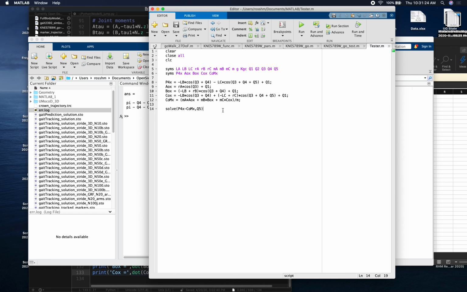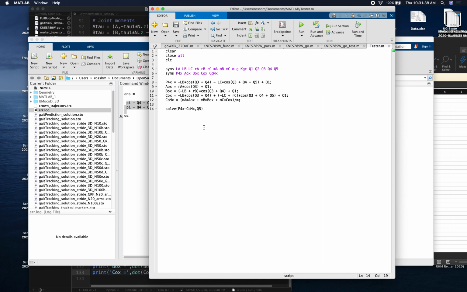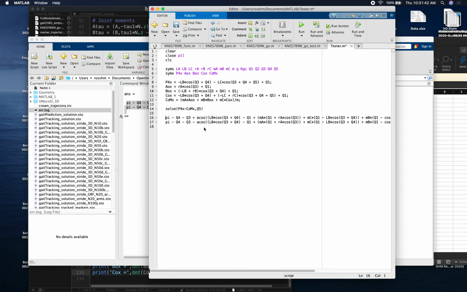For example, cosine pi and cosine negative pi both have a value of negative 1. So that's why it's giving me 2 answers here. So we need to figure out which one of these is the answer that we want. So I'm going to copy those, and I'm going to paste them down here. And I'm going to call these my options for Q5, Q5 option 1 and Q5 option 2.